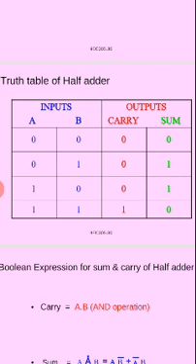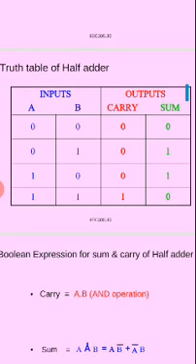That is 0 0, 0 1, 1 0, 1 1. These are the 4 combinations of inputs.